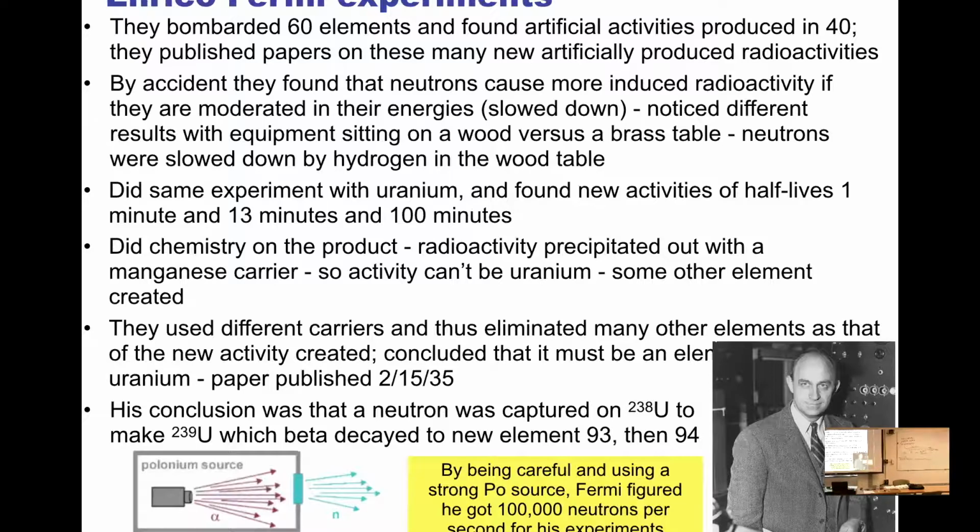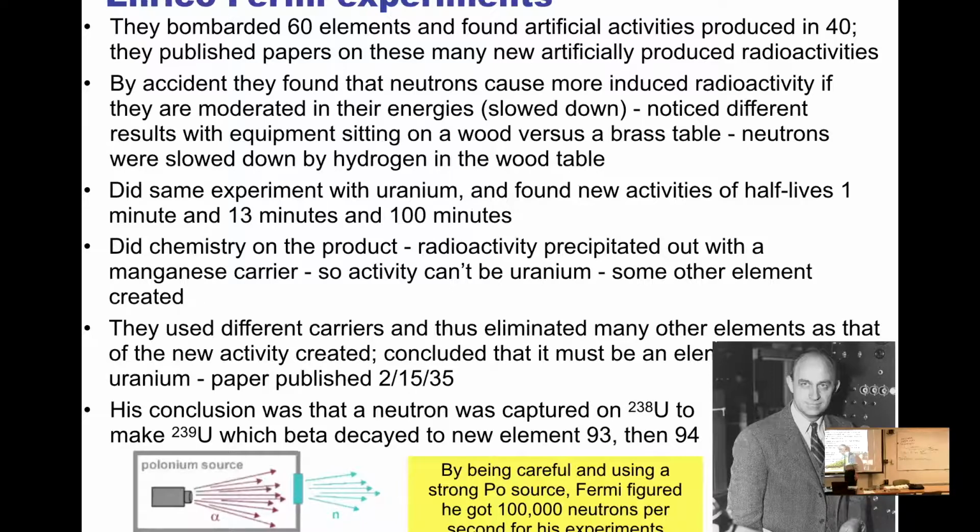In other words, wood has moisture in there, water vapor. There's a lot of hydrogen atoms in the wood, more than a slate table. And finally, Fermi figured this out, that it was hydrogen in the wood that was slowing the neutrons down and increasing the likelihood that they would be captured and make new artificial radioactivities.